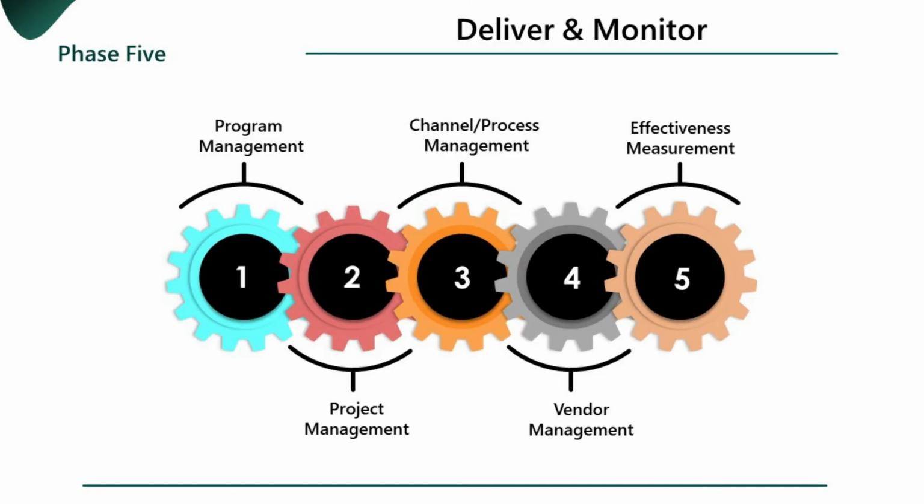Phase 5 of the exercise is the most important phase of any marketing plan as it deals with execution. Phase 5 is about delivering all that is thought and planned in phase 4 of the exercise and monitoring the same on a timely basis. This crucial exercise takes 5 steps. Step 1 we call program management.